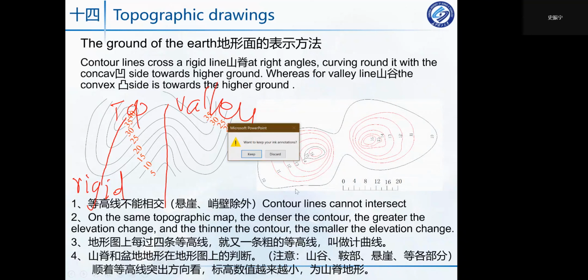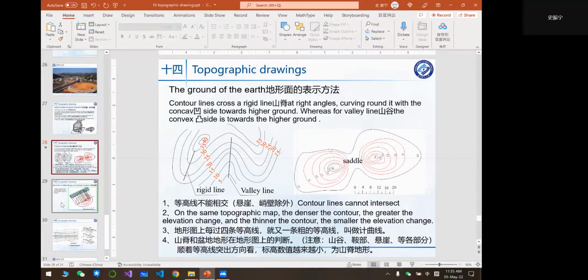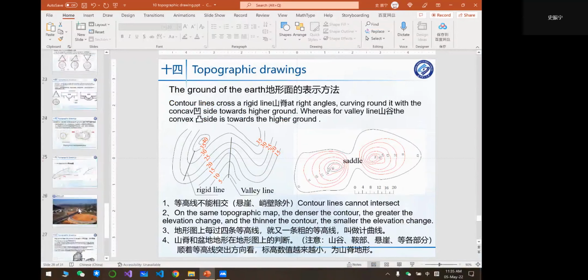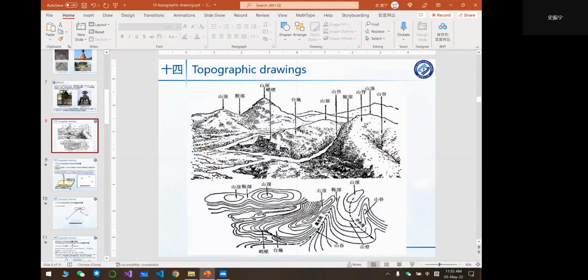I will show you another map here. What I said is the top, the valley is here, and the ridge is this line.